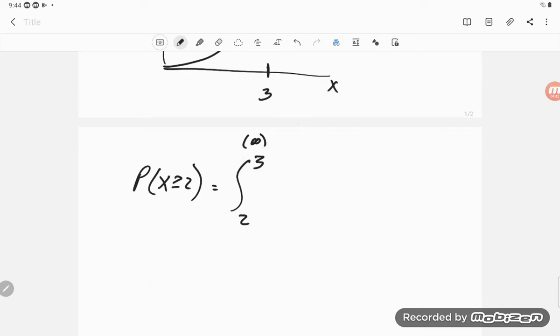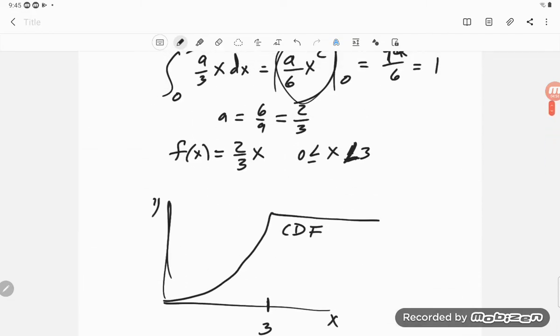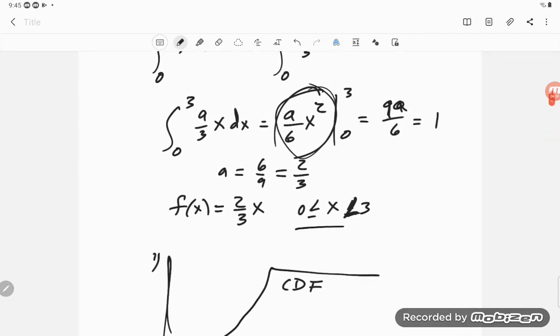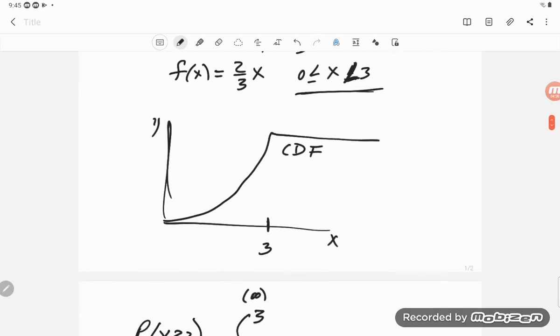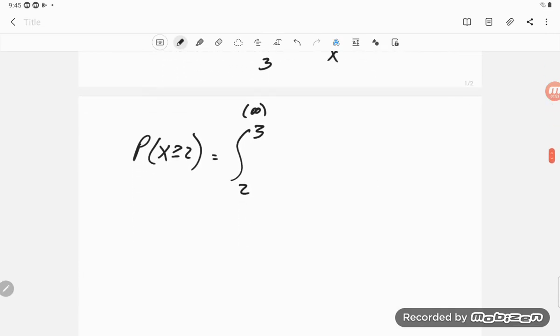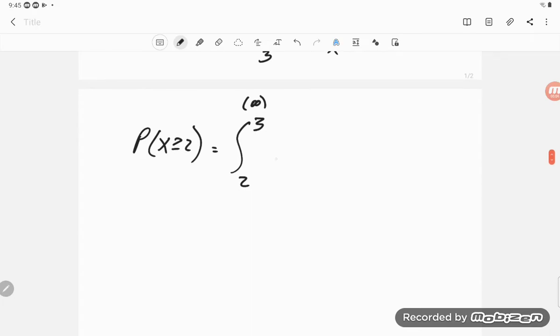But again, the density function is going to be 0 once you get past 3. So I'll just go from 2 to 3 of 2/3 x dx.